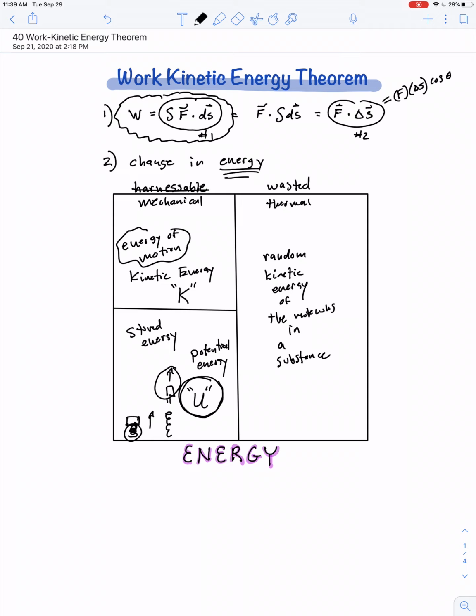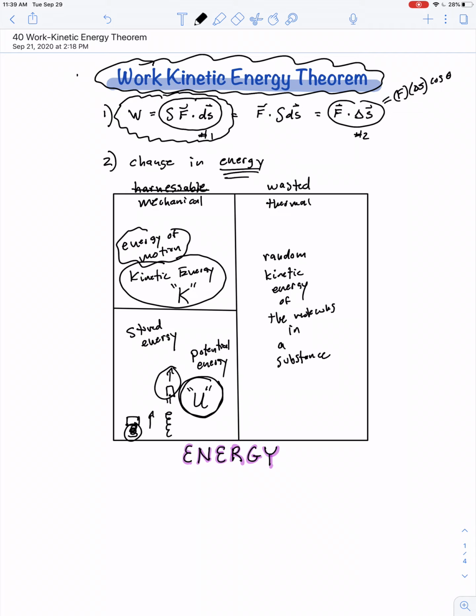But here in unit 3.1, we want to do two things with this concept of kinetic energy. One, come up with a formula that tells us how we can calculate an object's kinetic energy, and two, express this concept known as the work kinetic energy theorem. So let's get into it.